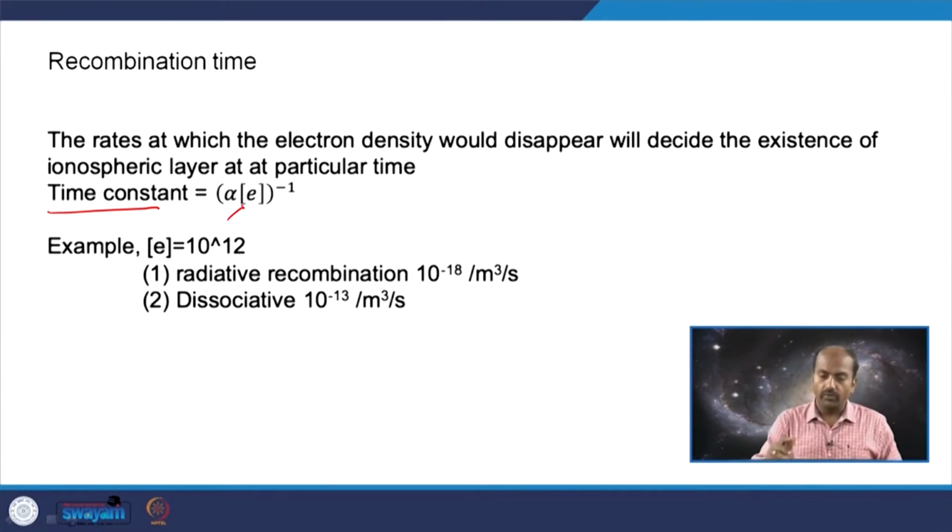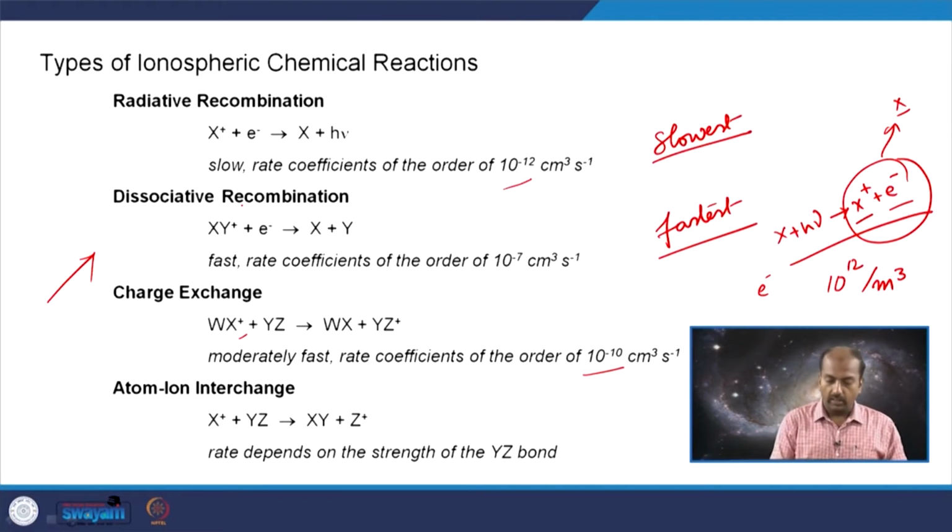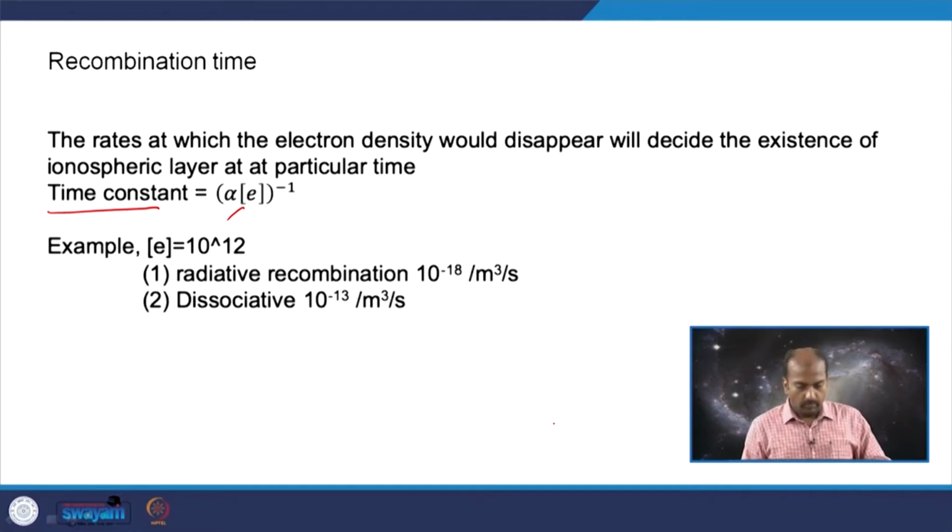The recombination coefficients have already been seen in these four different reactions, and E is the electron density at a particular time. Typically, for a peak electron density of 10 to the power of 12, we have already calculated the time for radiative recombination with its recombination coefficient and for dissociative recombination with its coefficient. Let us say 10 to the power of minus 18 put against 10 to the power of 12.